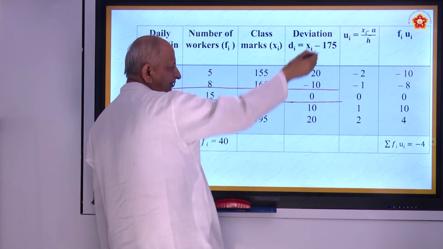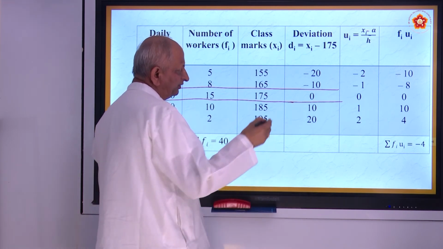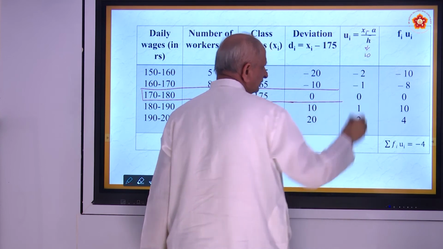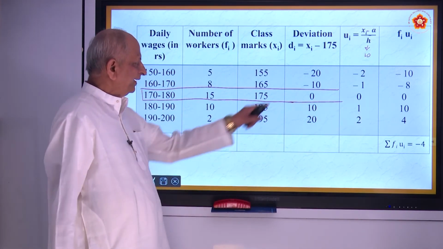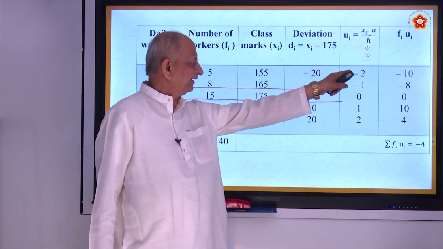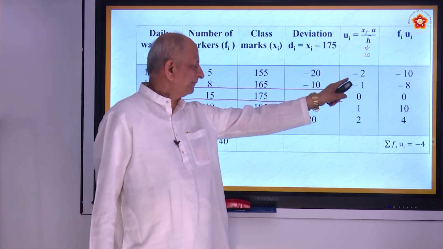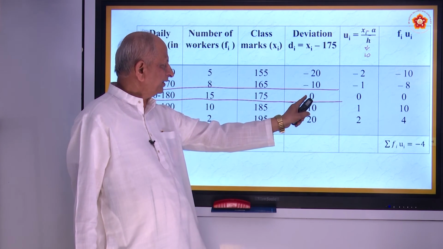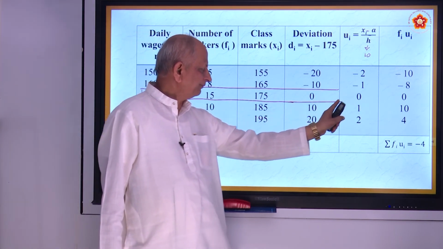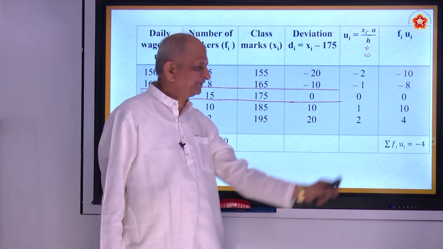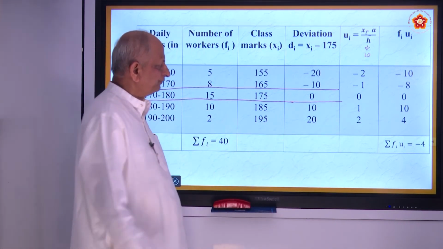What is the value of h? h is 10, the size of the class interval. So minus 20 divided by 10 becomes minus 2. Minus 10 divided by 10, minus 1. Then 0 by 10, 0. 10 by 10, 1. 20 by 10, plus 2.